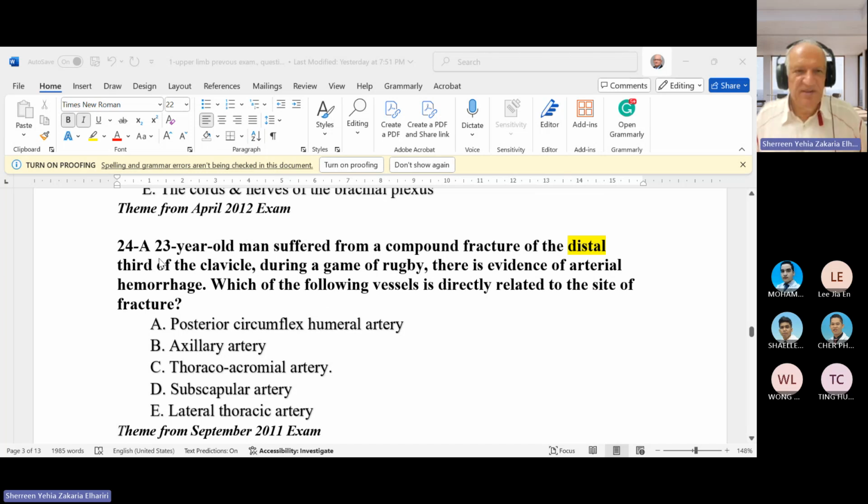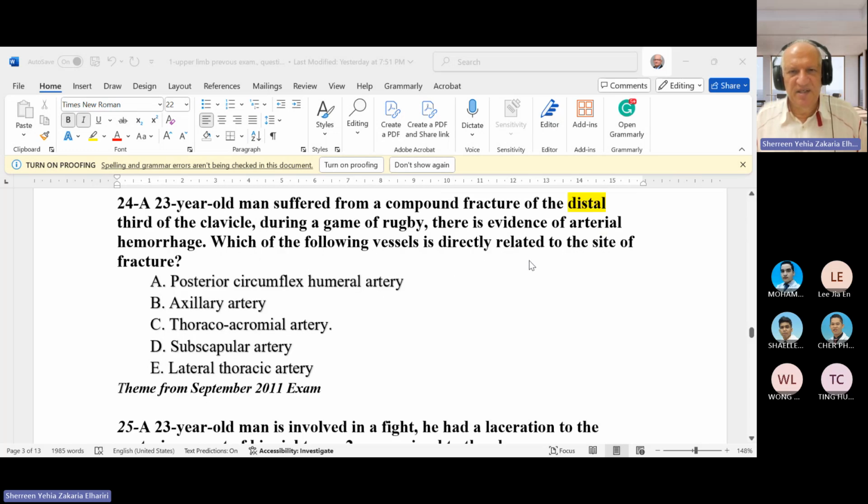The next question, a 23-year-old man suffers from compound fracture of the distal third of the clavicle during a game of rugby, with evidence of arterial hemorrhage. Which of the following vessels is directly related to the site of fracture? Actually, this is an important question because the artery injured in this area is a very small artery. I think I have a picture.